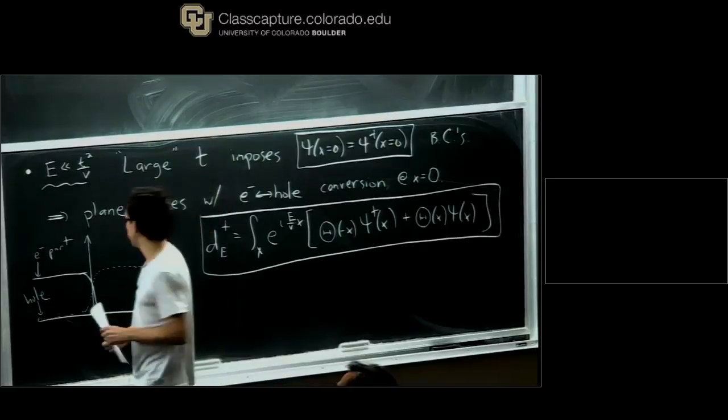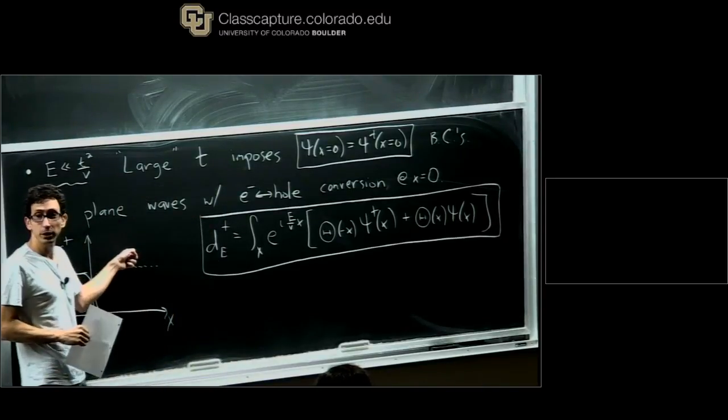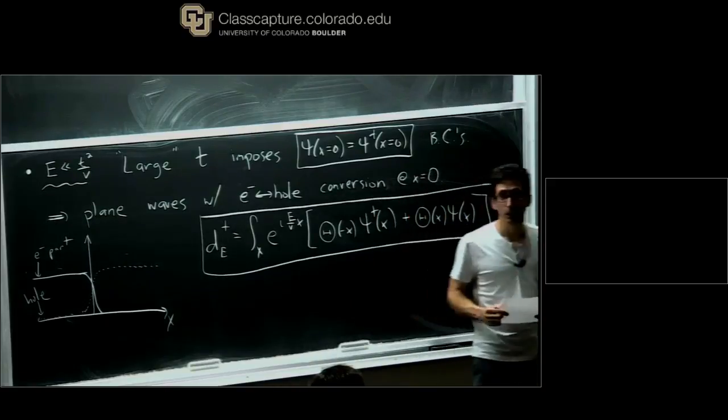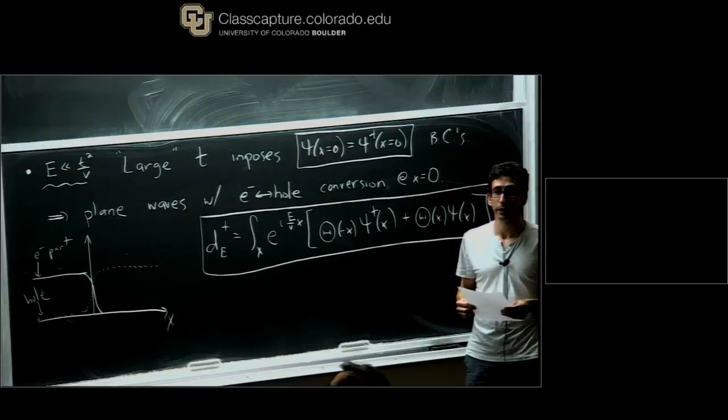Okay, so what we learned here is that an incident electron gets actually perfectly converted to an outgoing hole. So in this case, the probability of Andreev reflection goes to 1. So we have actually perfect Andreev reflection, which is mediated by coupling to that Majorana 0 mode.